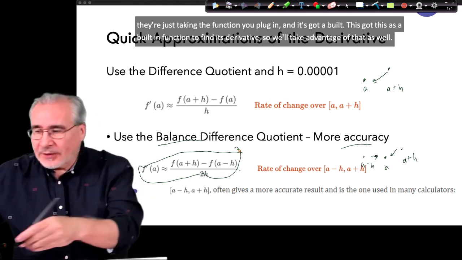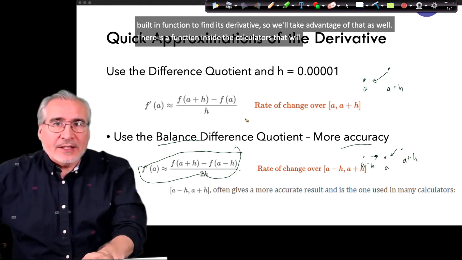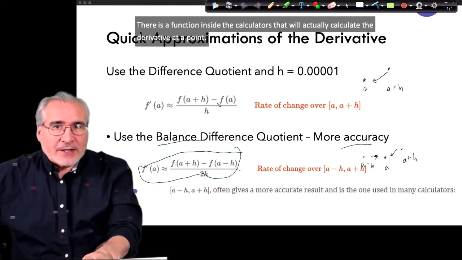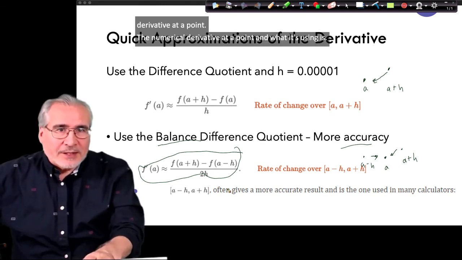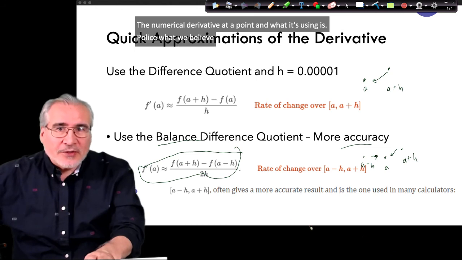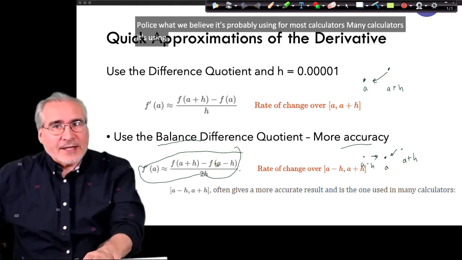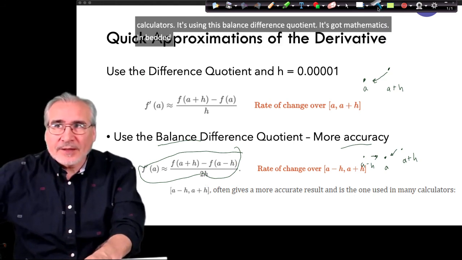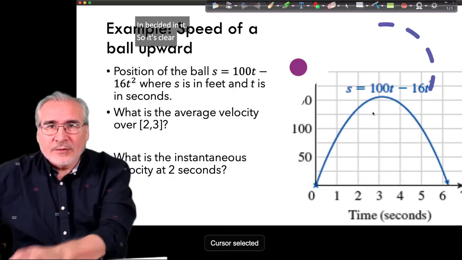There is a function inside the calculators that will actually calculate the numerical derivative at a point. And what we believe most calculators are probably using is this balance difference quotient. It's got mathematics embedded in it. Okay, so let's clear that and move on to the next one.